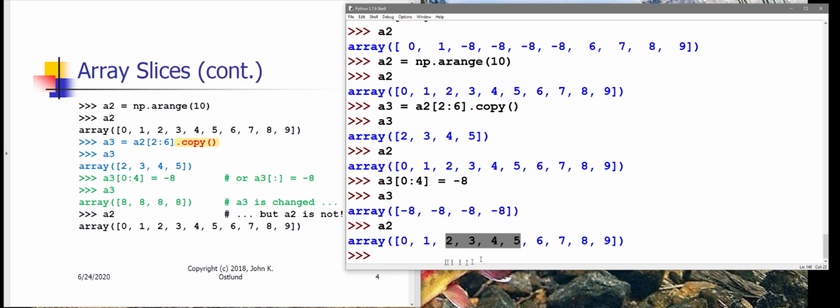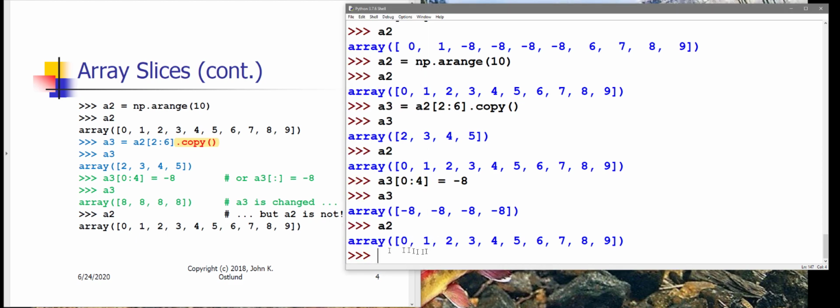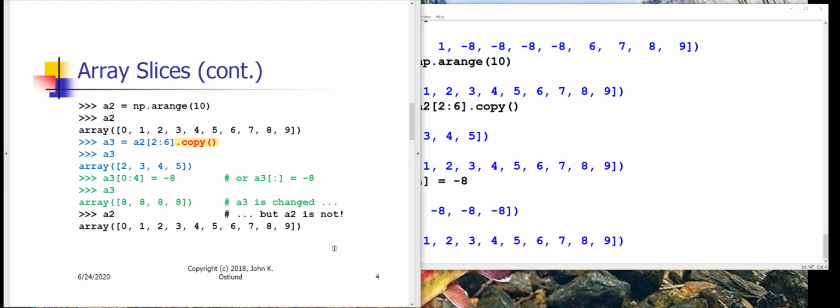All right, so A2 is unaffected now. Okay, interesting. I have a typo on my slide here. These should be -8s rather than 8s, but I presume you get the idea here.